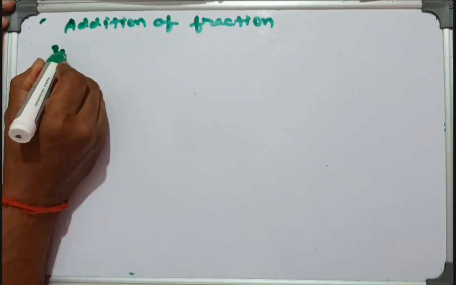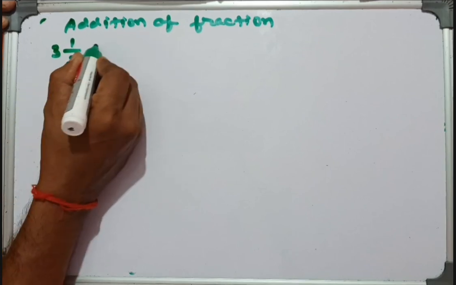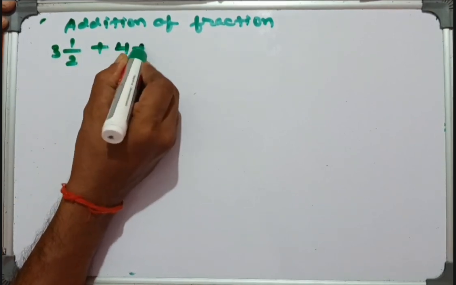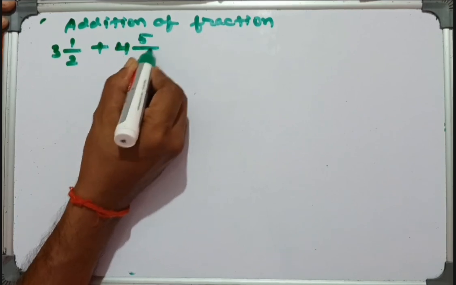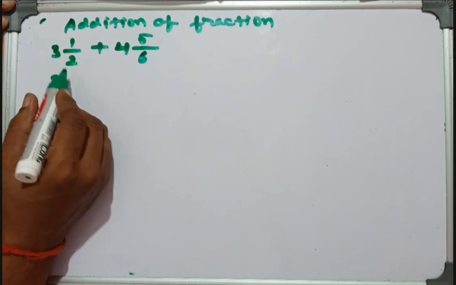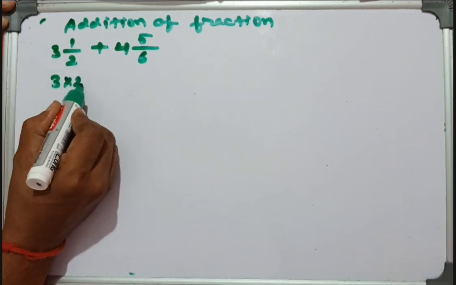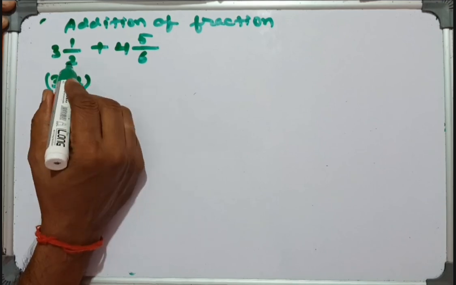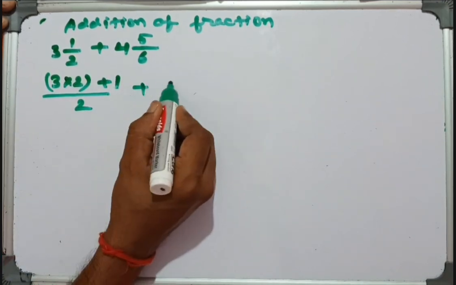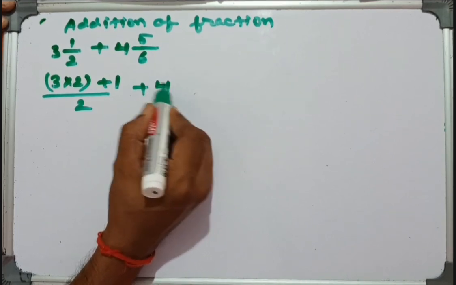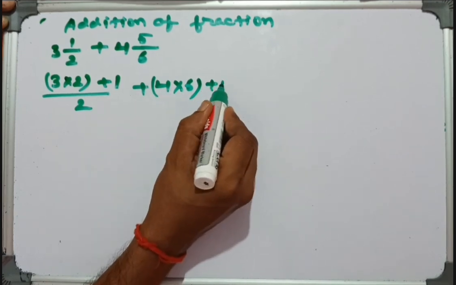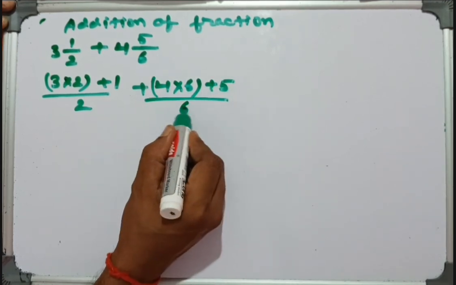Okay. Now addition. Suppose we have taken improper fractions like this. Now we have to solve it. So we write 3 is the whole, 2 is the denominator, then 1 by 2, then 4 is the whole number here, 6 is the denominator, 5 is the numerator.